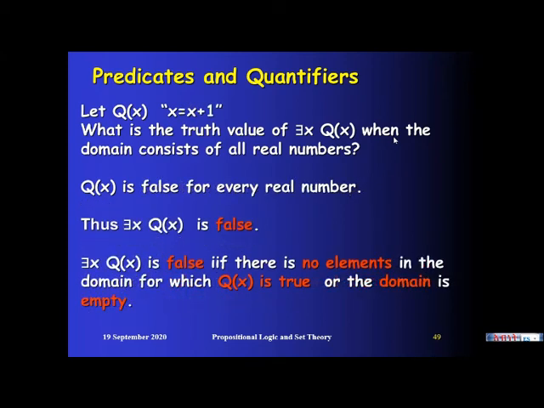Now look: under the set of real numbers, q of x is x equals x plus 1. Can you find any number which satisfies the property q of x? By the way, the set of real numbers is infinite.